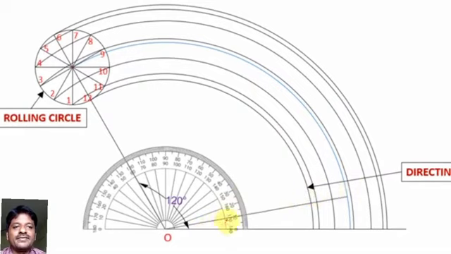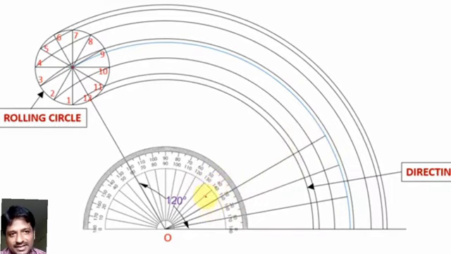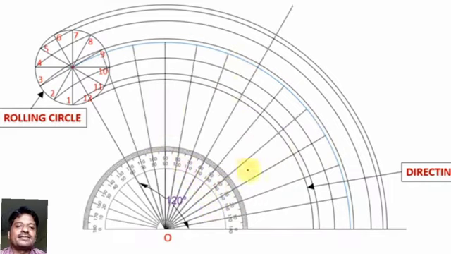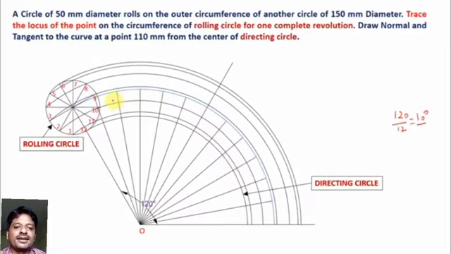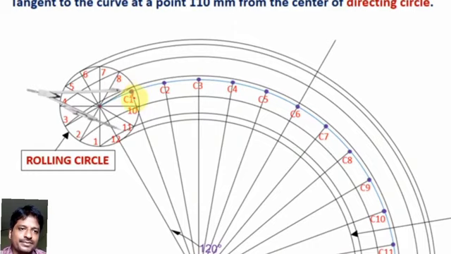So for 10 degree make a line like this. Again further, 20 degree, and in the same way 30 degree. In the similar fashion, we can divide this into 12 equal parts of the 120 degree. And your line must reach up to the center arc of your rolling circle.